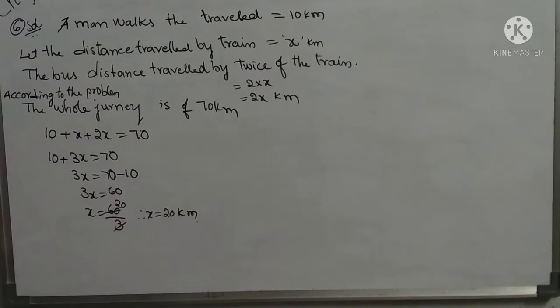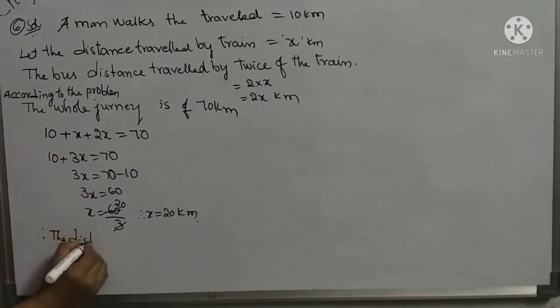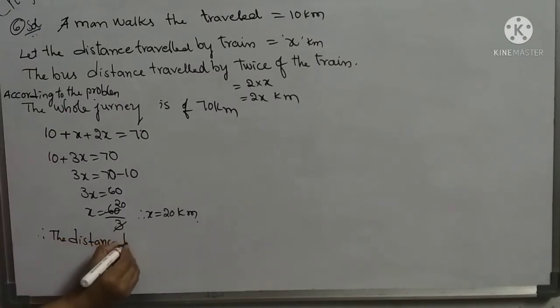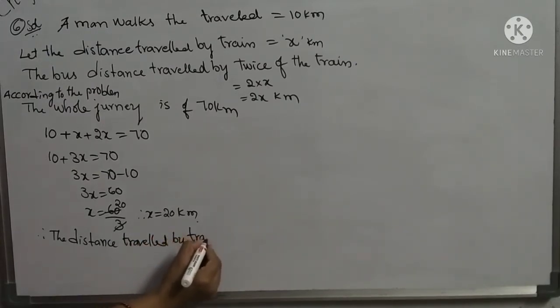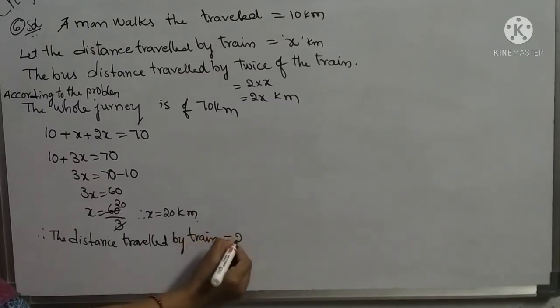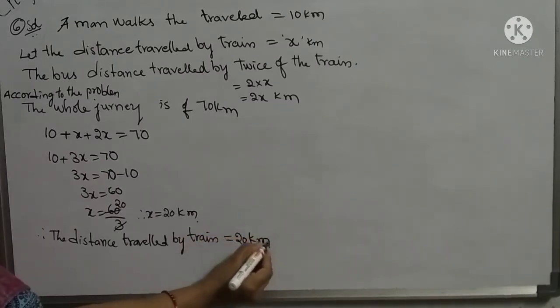What is the x here? The distance travelled by train. So the distance travelled by train is equal to 20 kilometers.